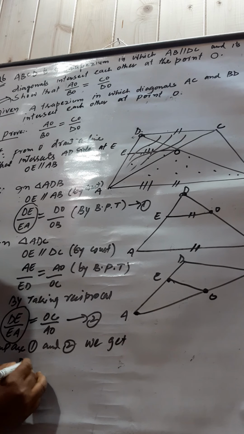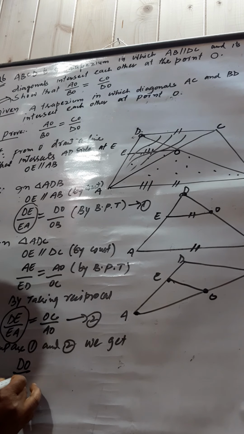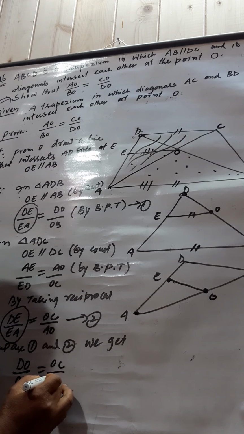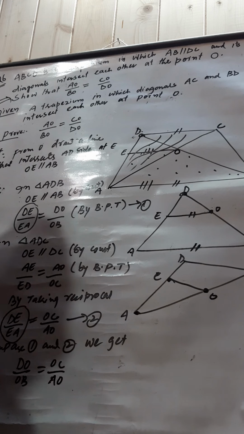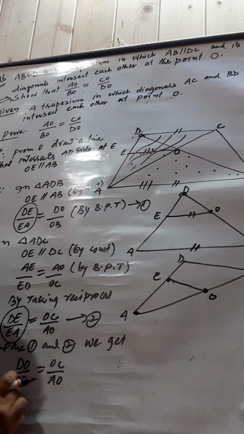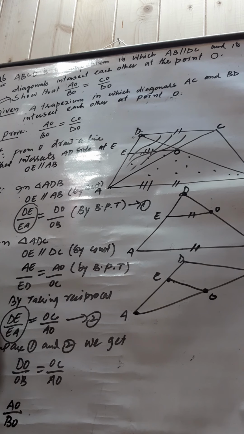So we write DO/OB = OC/AO. We transfer AO to the top, and instead of OB I will write BO, since it is a line segment and we can write either BO or OB.